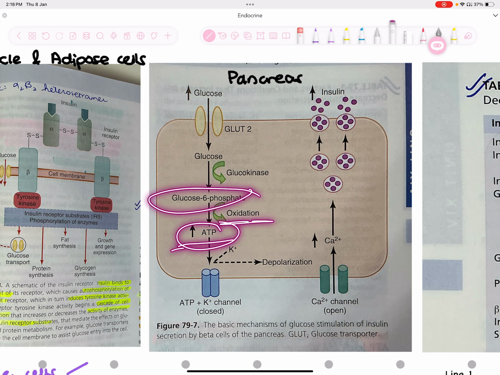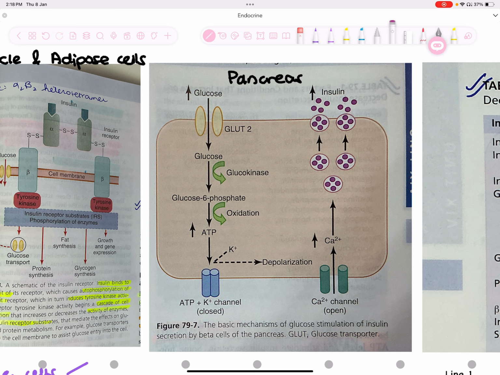So, getting ATP is the ultimate step. Why? Because ATP is going to block the ATP-sensitive potassium channel. This will be inhibited. So when this gets inhibited, there won't be potassium efflux. Now there'll be depolarization. And why will there be depolarization?